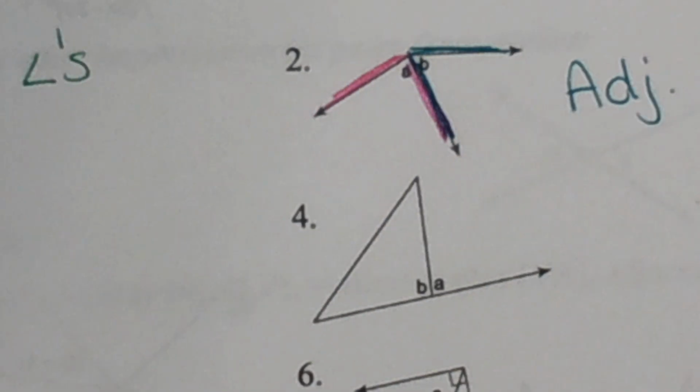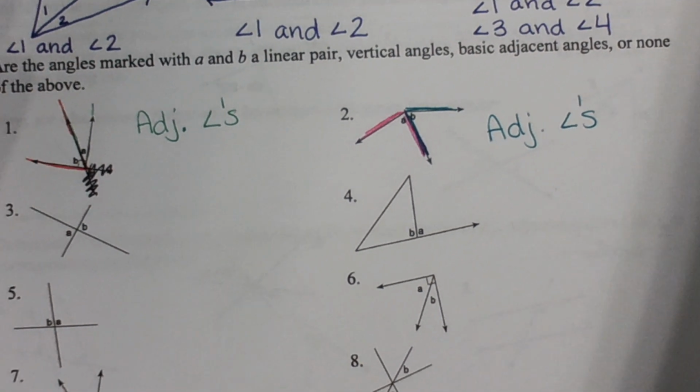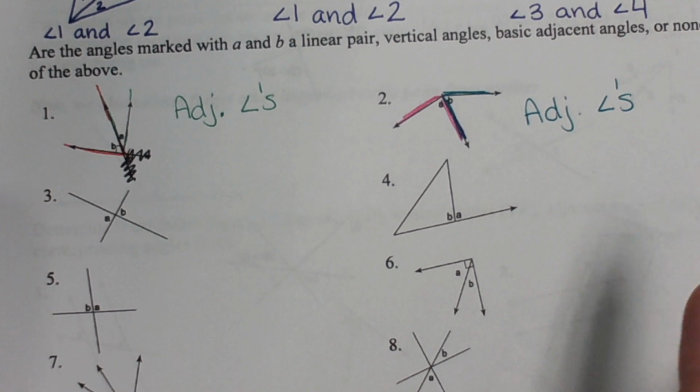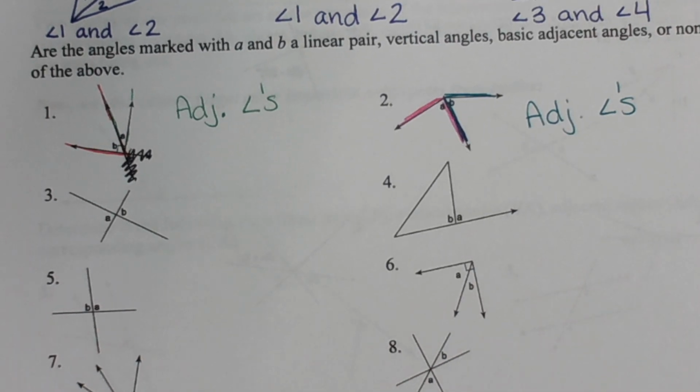Now, before I move on to the next ones, I just want to point out something about these two. They're similar. They should be. They're both adjacent angles. They're both next to one another. But the first one has something that the second one doesn't.